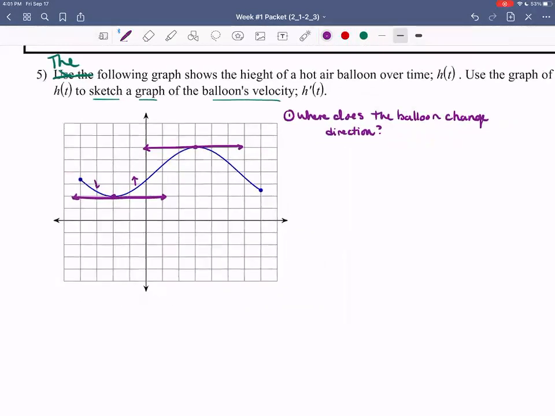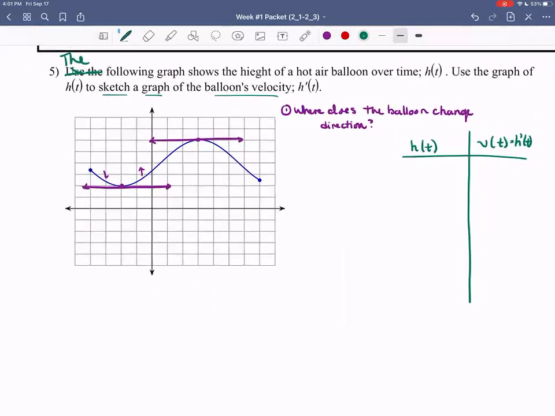So let's keep track of a few things. So I'm going to keep track of h of t, my height function, and my derivative, v of t. So when I have this first interval here, let's call this t1, let's call this t2, because we don't have labels on our graph. But before t1, this first interval, our height is decreasing, which means our velocity, we can look at our tangent lines.